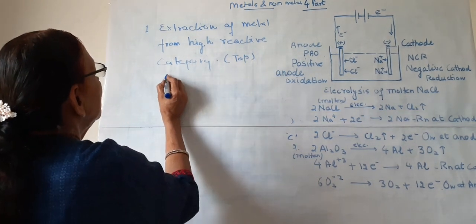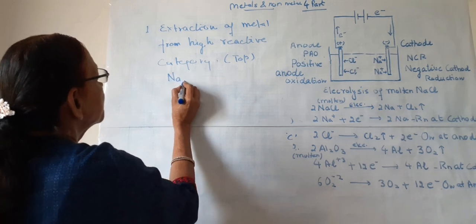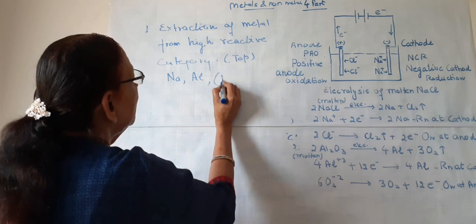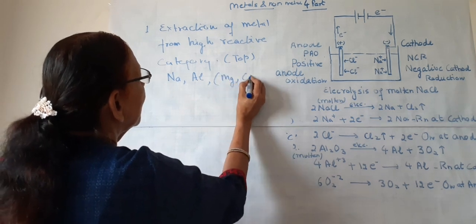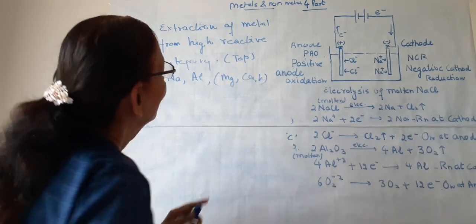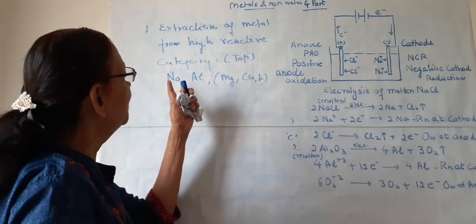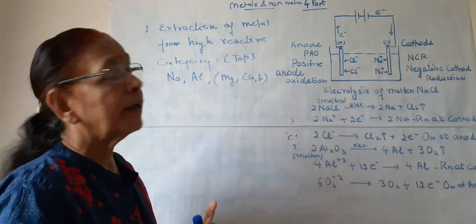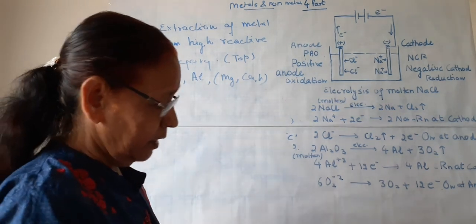What are these? We will take example of sodium and aluminium. Others are magnesium, calcium and potassium. So we will take these two examples, sodium and aluminium, to extract by electrolytic reduction.